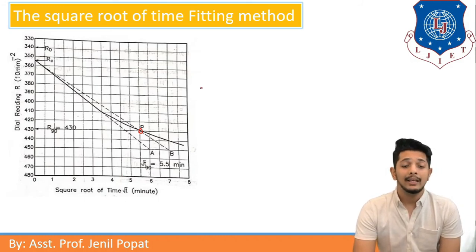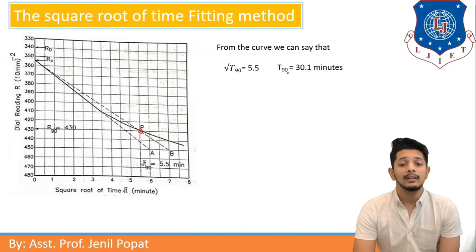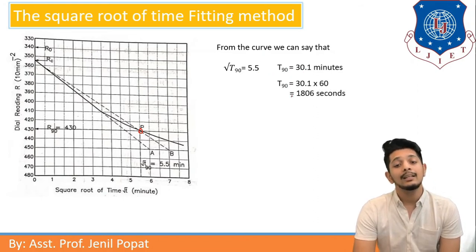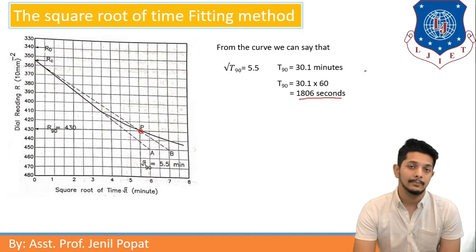Having root t90 as 5.5 minutes, t90 is equal to 30.1 minutes, which is 1806 seconds.